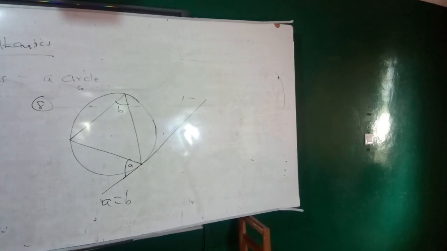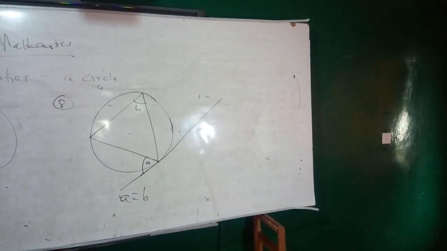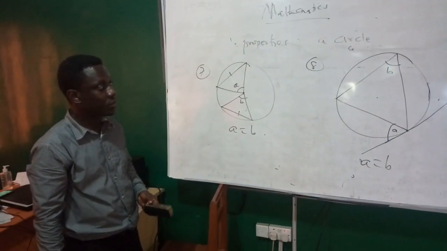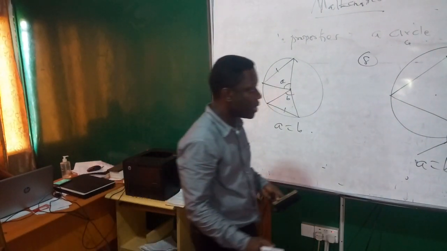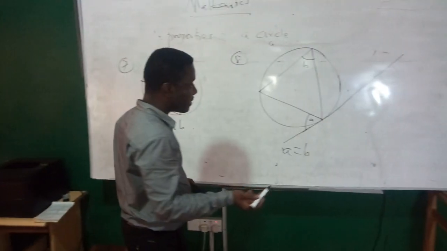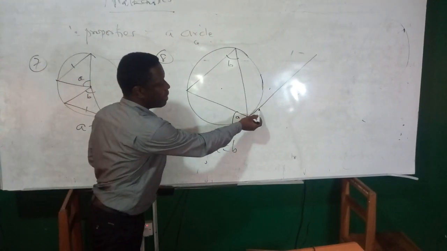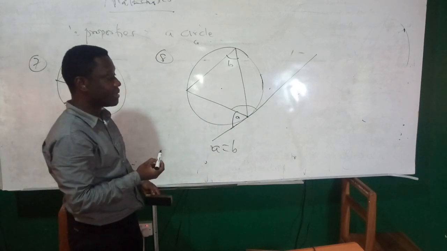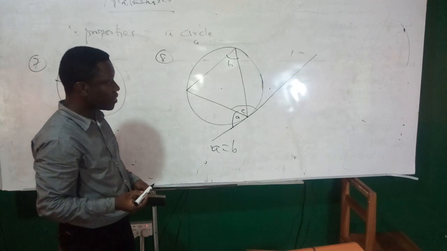Very, very important property. And you are going to find a lot of questions around this particular property. So please take note. So what it also means is that if this time the angle is coming from this end, from this tangent, then this angle C, right?